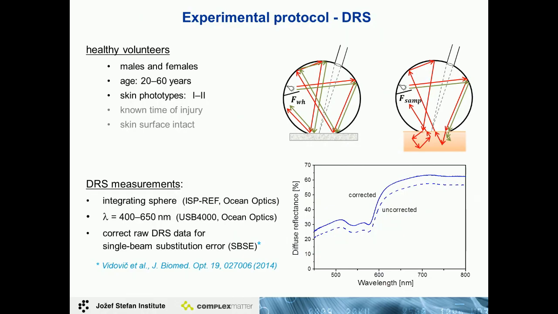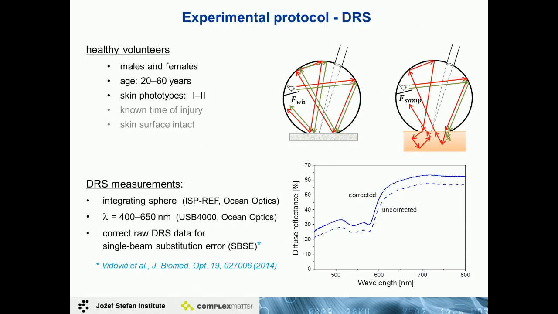What happens is that when you're substituting your white standard, which is used for the calibration of the lamp and such, with your sample, the fluence, the light field inside the sphere has changed, but the software assumes it has not. So there's a back influence of the sample onto the conditions of the measurements. You have to remove this artifact in order to have a correct reading of the actual reflectance.